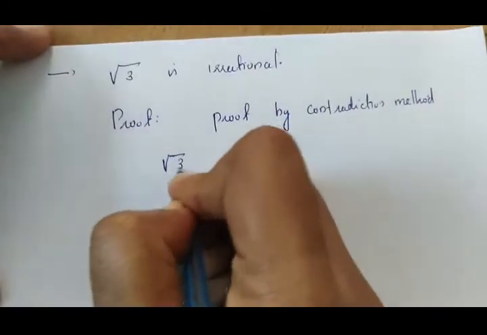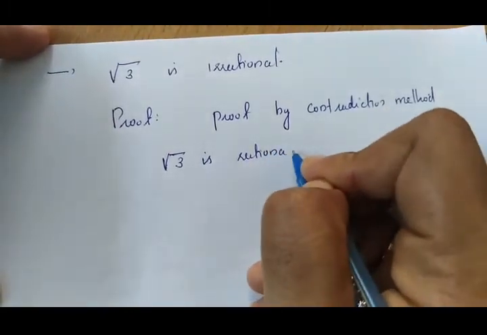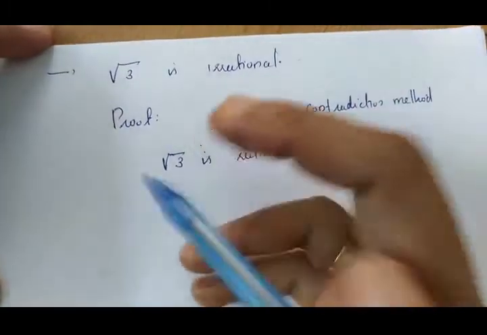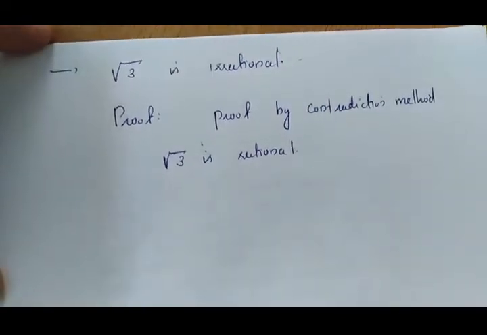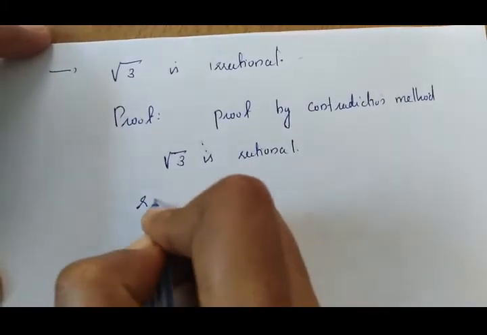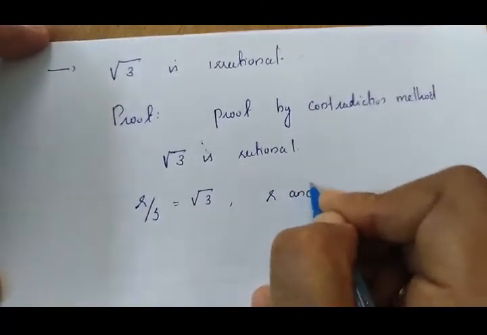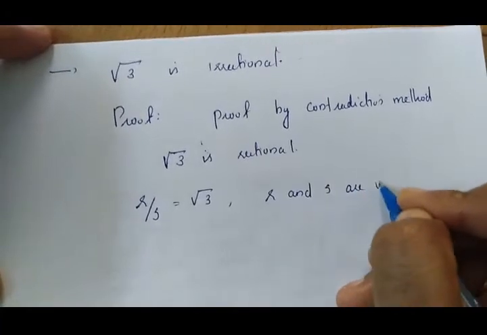Consider root 3 is rational, which is the contradiction statement of the theorem. Root 3 is rational. We again rewrite the same: r divided by s is equal to root 3, where r and s are integers.